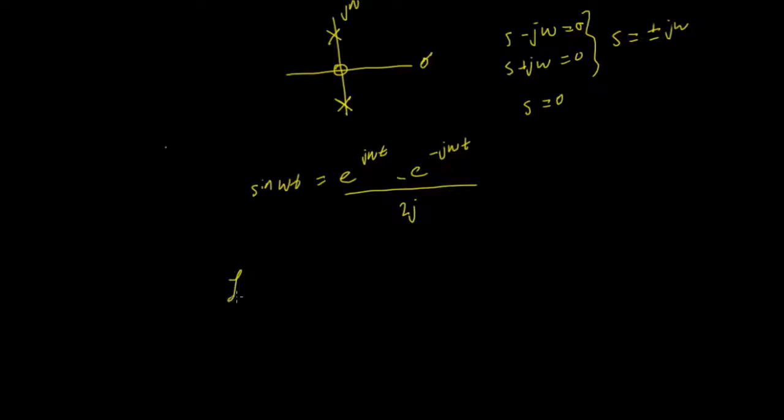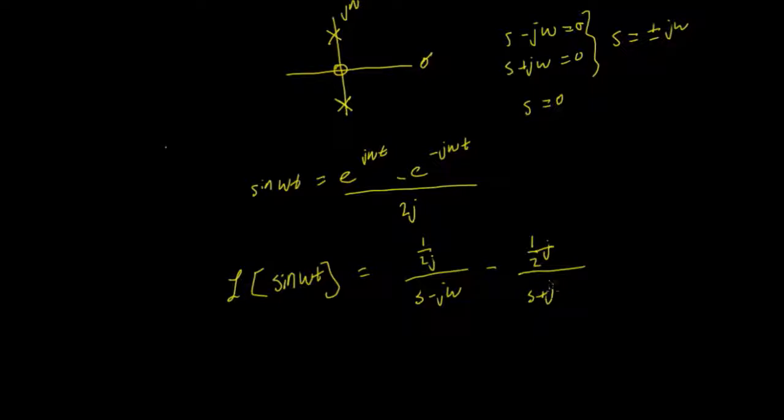So the Laplace transform of sine omega t is just going to be 1 upon 2j upon s minus j omega minus 1 upon 2j upon s plus j omega. So the common denominator is going to be s minus j omega, s plus j omega.